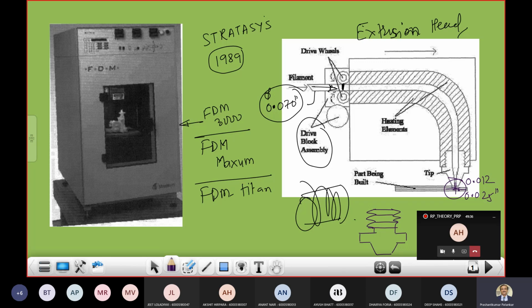From this discussion, the parameters which affect the performance and functionality of your system are the strength of the raw material, the filament material, how flexible it is, or rather the flexural modulus.